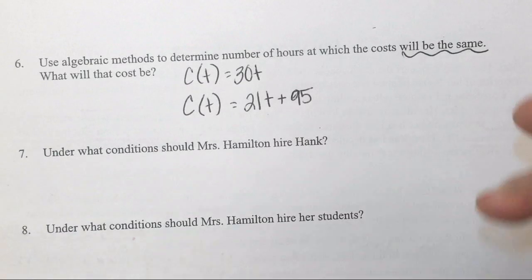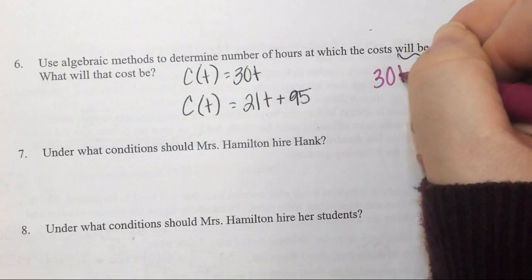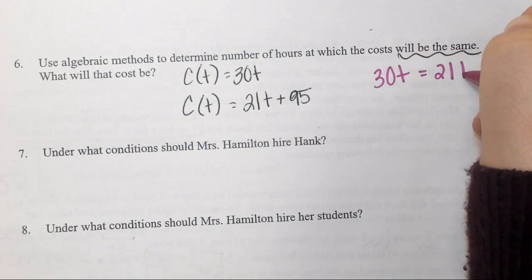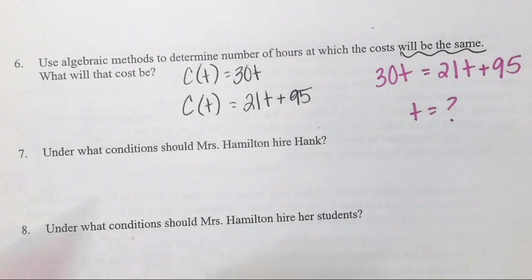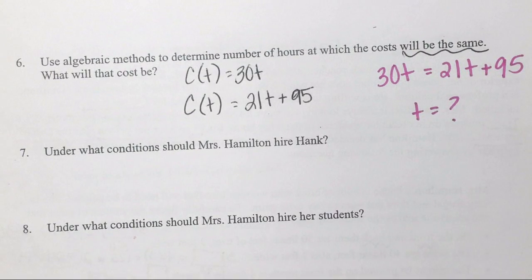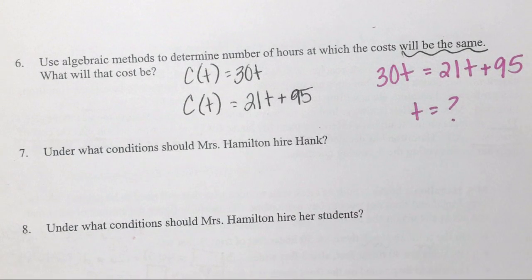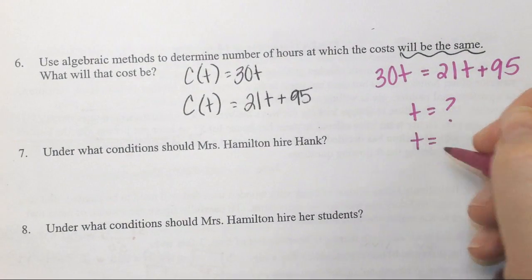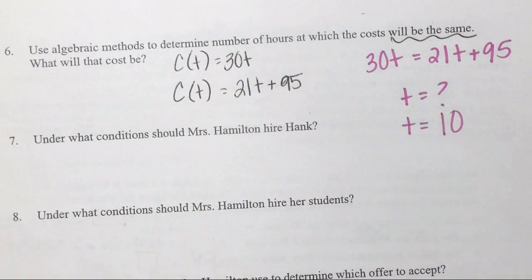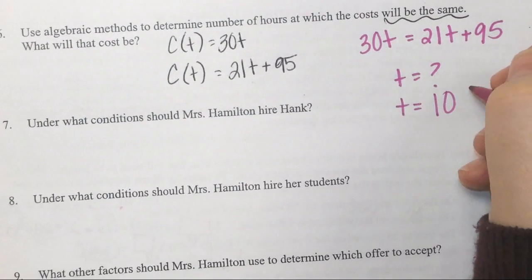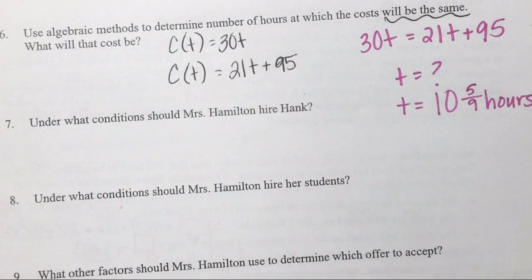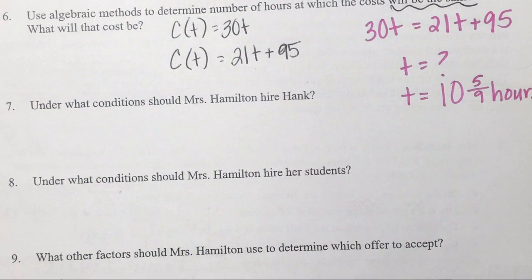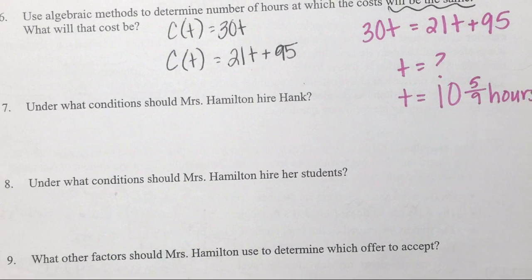So all you need to do is solve, if 30t equals 21t plus 95, what does t equal? You should end up getting, and I'm going to tell you an answer, 10 and 5 ninths if we're being real specific. So again, somewhere between 10 and 11 hours. Suddenly it's cheaper to go with the math team than it is to go with Hank.